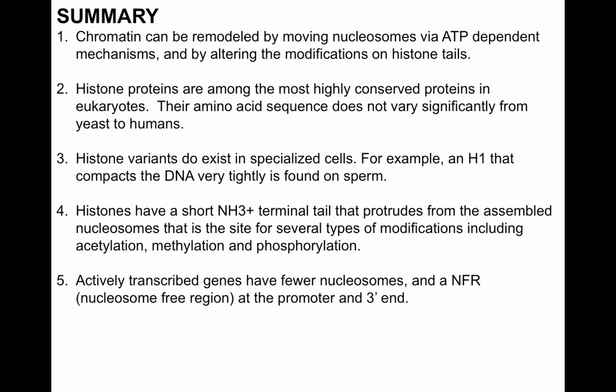However, histone variants do exist in specialized cells. For example, an H1 that compacts the DNA very tightly is found in sperm. Histones have a short amino terminal tail that protrudes from the assembled nucleosomes. That is the site for several types of modifications, including acetylation, methylation, and phosphorylation.